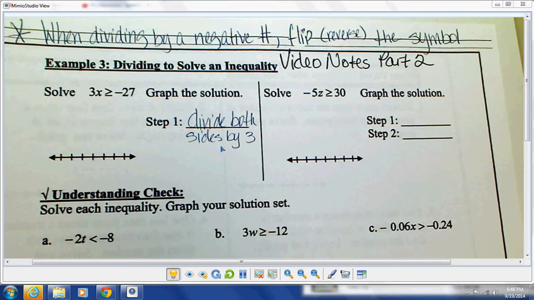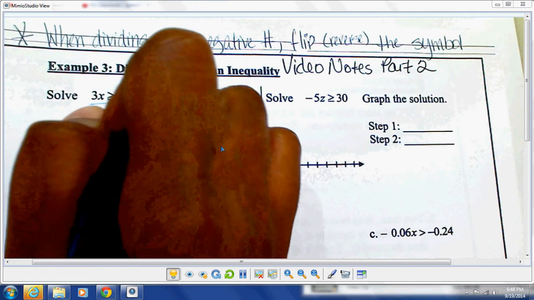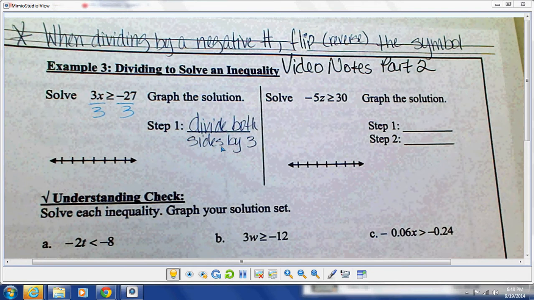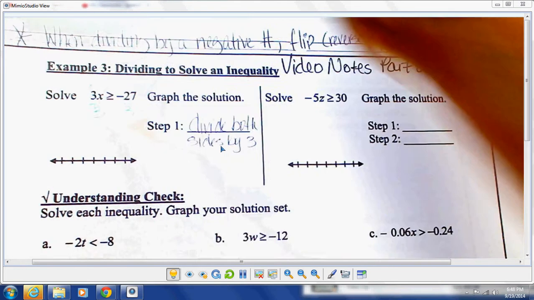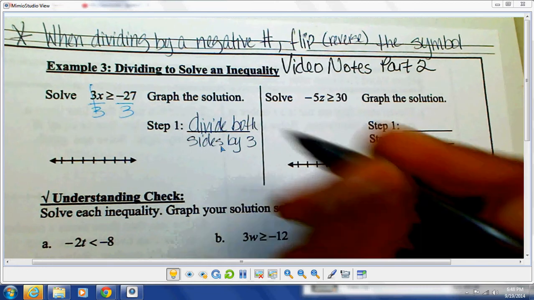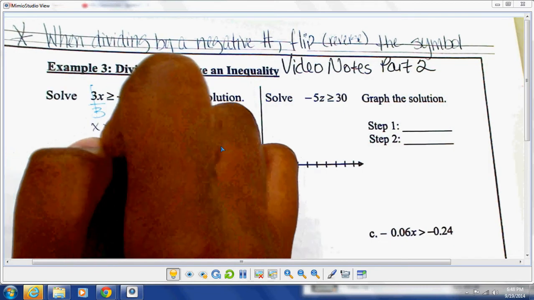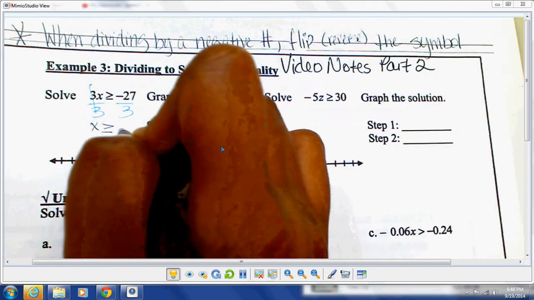We're going to do the same thing that we've always done and divide both sides by 3. So therefore, my 3's are going to cancel, which is going to leave me with x is greater than or equal to negative 9.